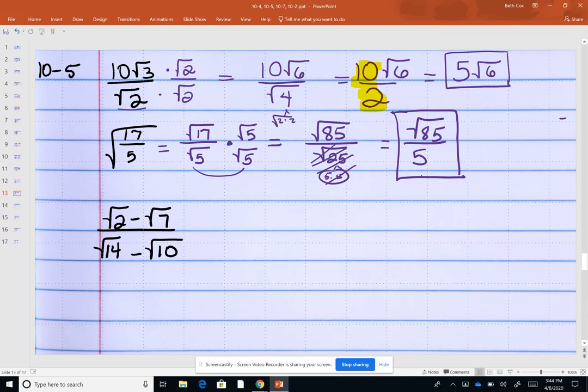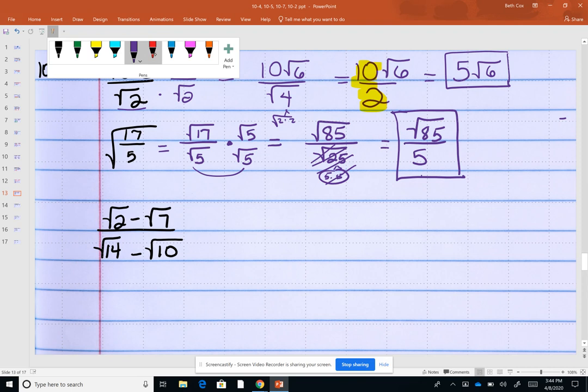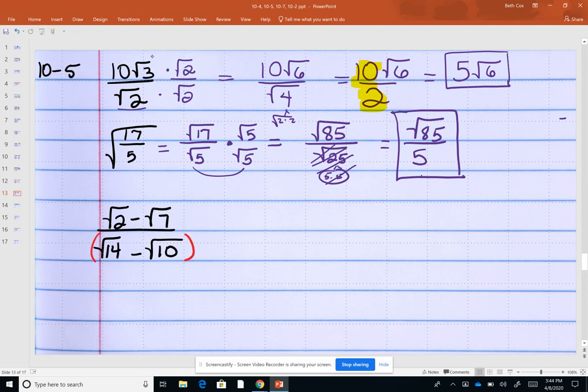All right, now this last one is probably one of the tougher ones. And let's get it started before my time runs out. So this right here is a binomial. And I'm going to multiply by the conjugate, so the square root of 14 plus the square root of 10, numerator and denominator.